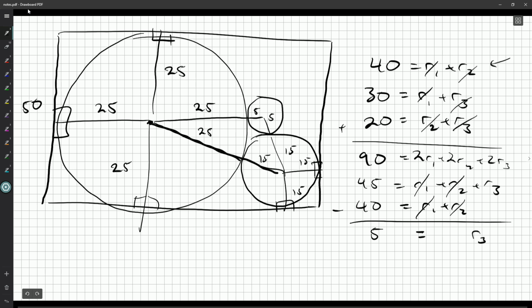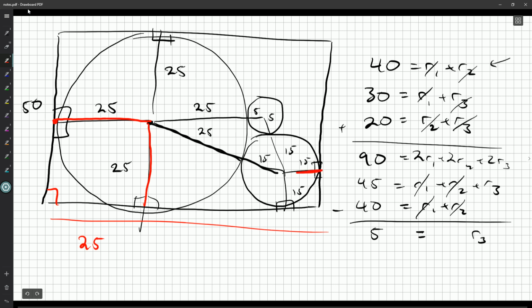Okay, now I want the area of my rectangle, PQRS. I know the width is 50. How am I going to figure out the length? Well, the length runs perpendicular to the width. If we come out from this side and go straight down, we've come a distance of 25.